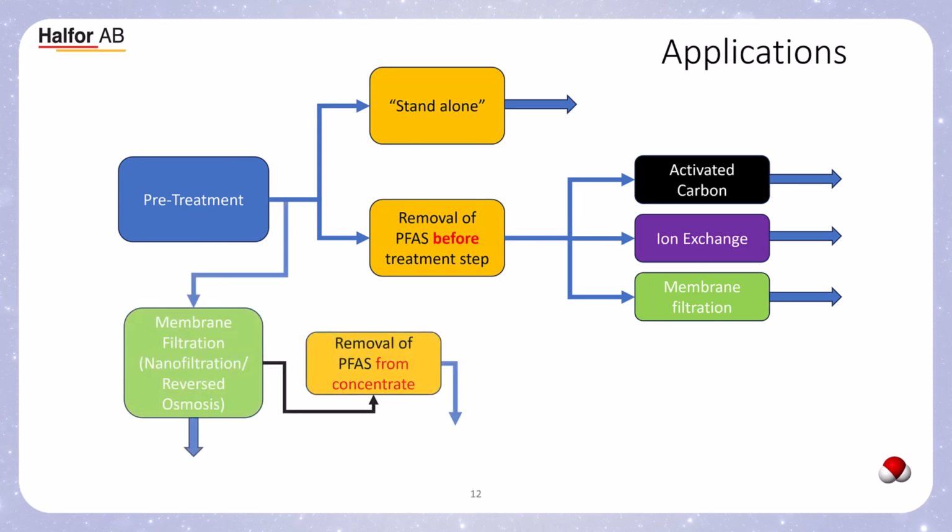Also, and this is also quite interesting depending on what type of water you're working with, but say that you use membrane filtration for your overall treatment method for your water.